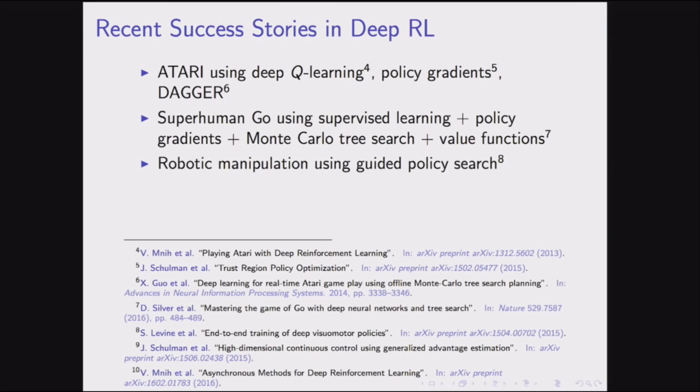Some of my colleagues at Berkeley had some very nice results learning in real time how to do manipulation tasks using an algorithm called guided policy search, using the PR2 robot. And some of my colleagues and I have been working on robotic locomotion using policy gradient methods.